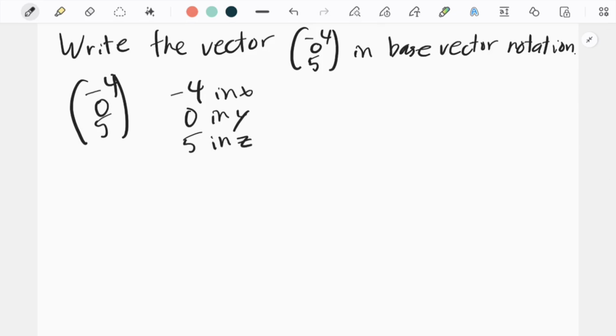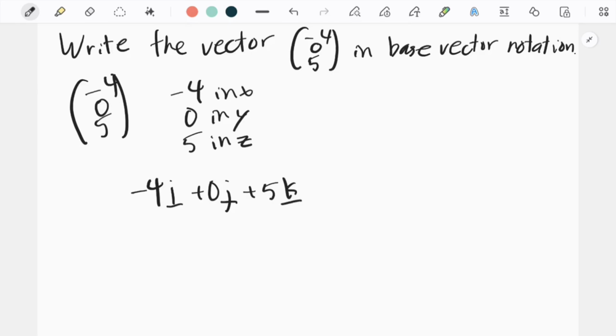And now we convert these to base vector notation, which you should remember is the i, j, and k. In the base vector notation, i represents the x, so we can put negative 4 in front of the i, and the j represents the 0, so plus 0j, and then the k represents the z, so 5k, and underline all of those.